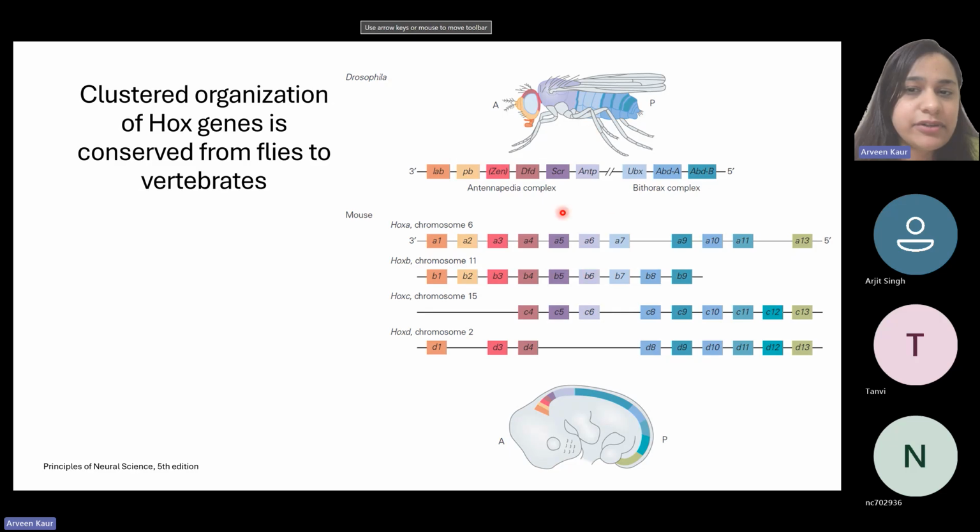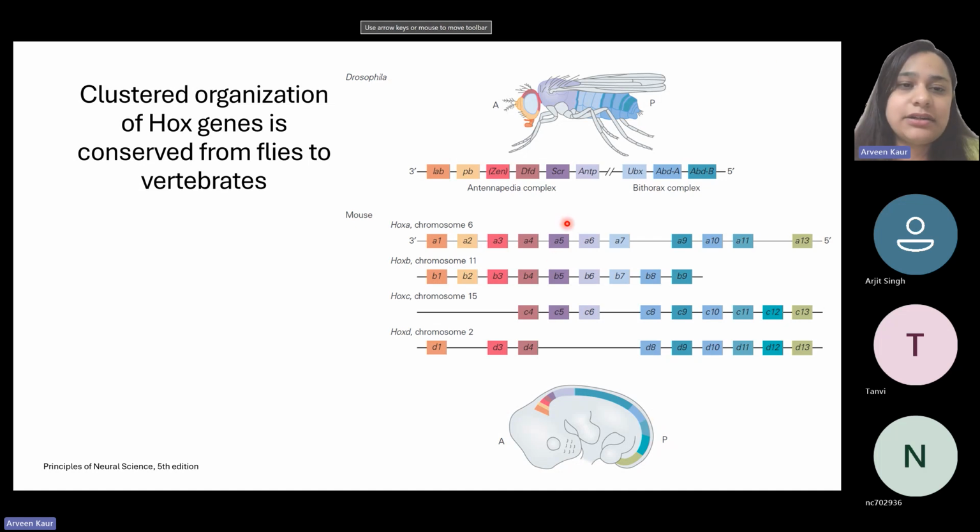Similarly, you can see this even in vertebrates. They are several species apart in the evolutionary lineage, but you can appreciate that the Hox genes homologous to the lab gene are still expressed in the anterior side of this fetus, and the genes that are more closely related to the abdominal B gene are expressed in the caudal or posterior region of this fetus.